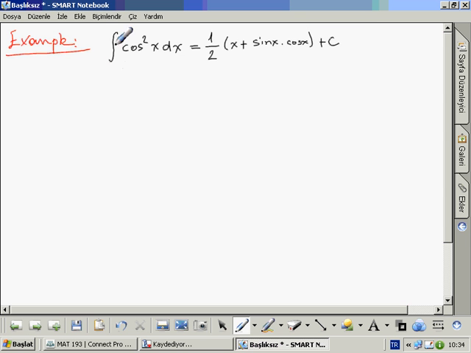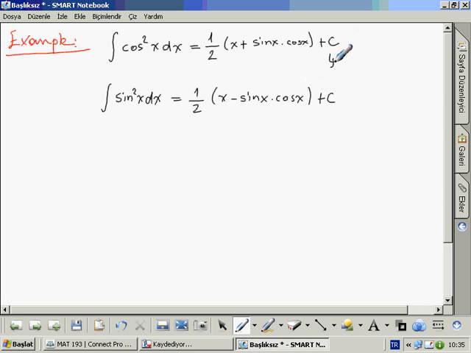Another example, sine squared x dx is equal to 1 over 2 times x minus sine x times cosine x plus c. Why?